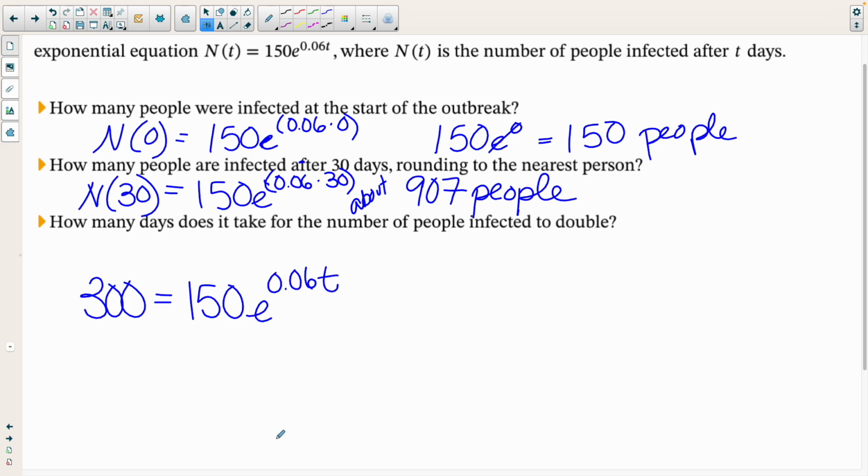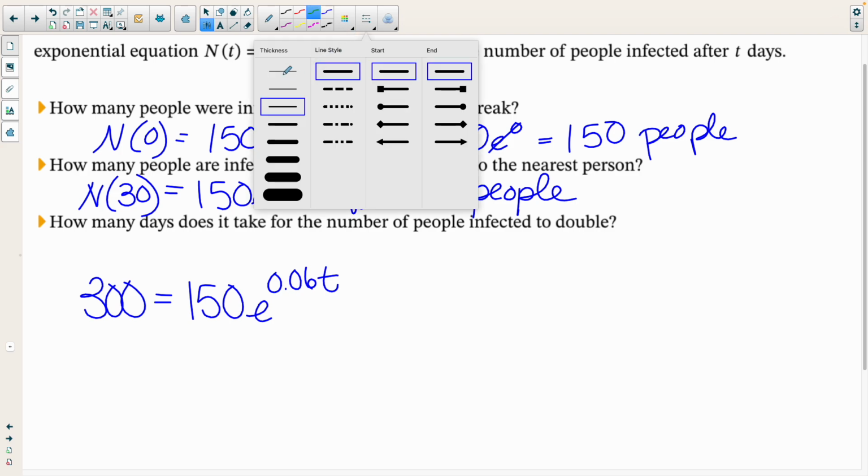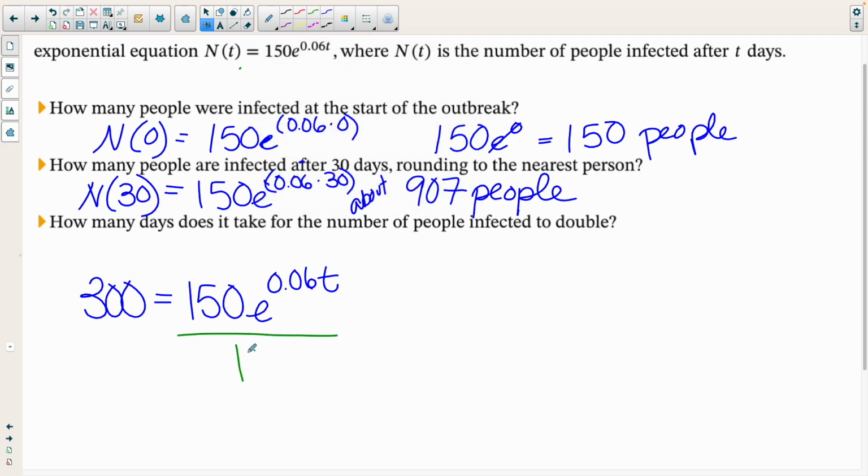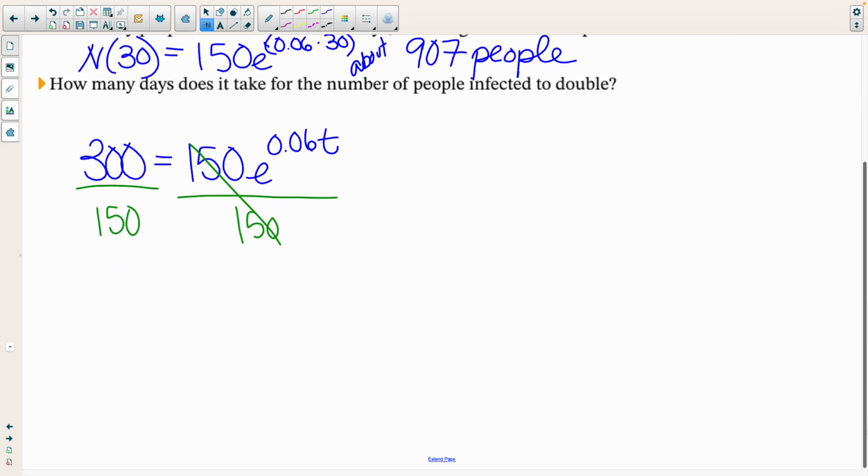Okay, so we rewrite, we fill in that left side, and now t is what we're solving for on the right. Okay, so remember you always want to isolate first. We got to get the e part alone. Double, right? That's going to end up doubling the population that are infected.